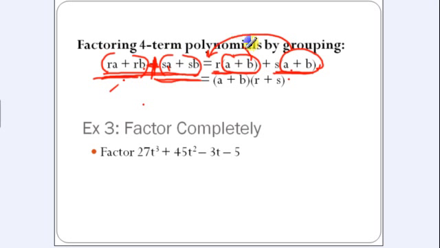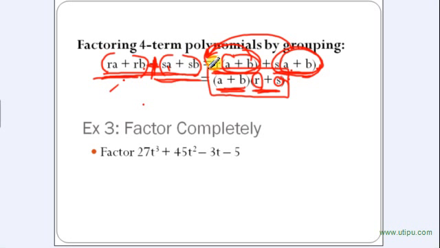Remember, if I factor out something, I put it out in front, and then I show what I'm left with. So factoring out a plus b from the first group, I'm left with r. Factoring out a plus b from the second group, I'm left with s. So I have a plus b times r plus s are the factors of that 4-term polynomial.